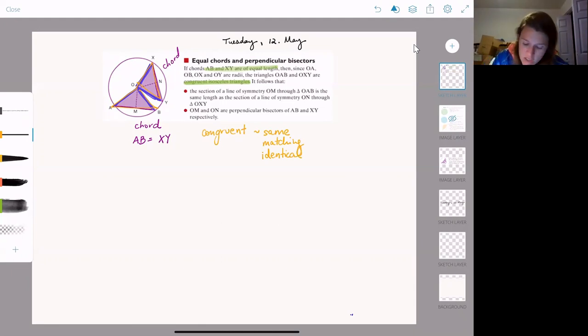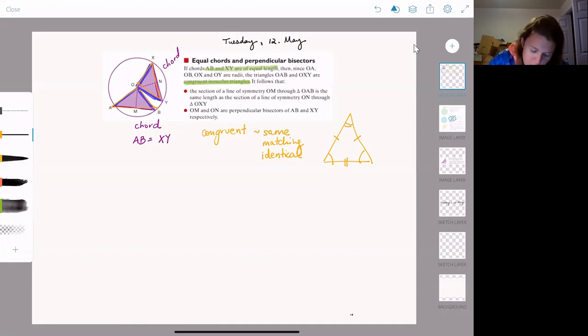And an isosceles triangle is one where these two sides are the same length, but this third side is a different length. So what we can assume is that this angle equals this angle, and this angle is different.